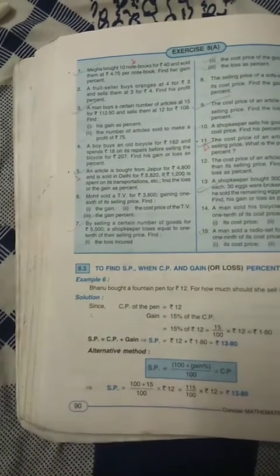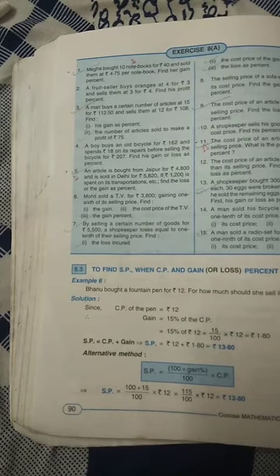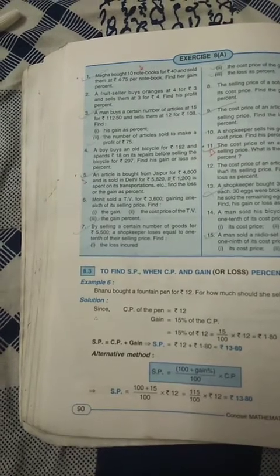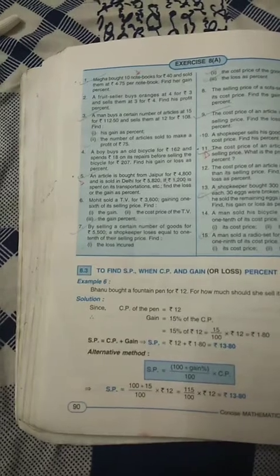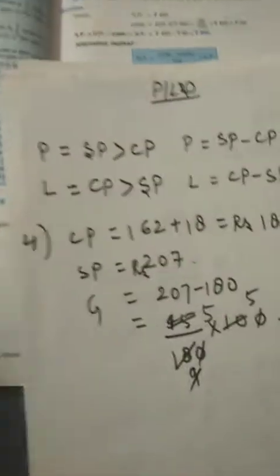Find the loss incurred, find the cost price and the loss percent. So you have to find three things in this question: you have to find loss, cost price and loss percent. So let's solve this.